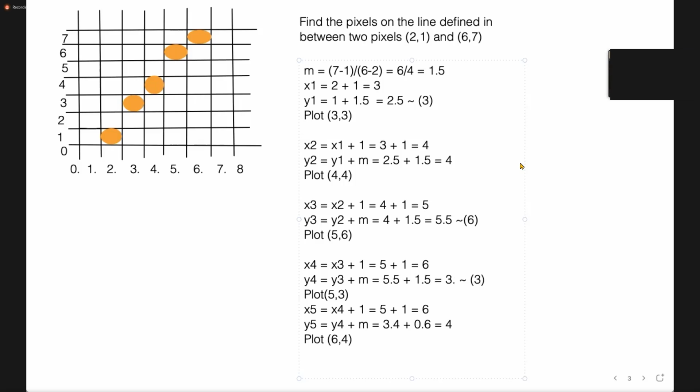This is going to be 7. So then we plot 6, 7 here.